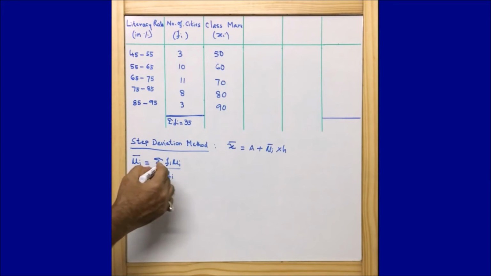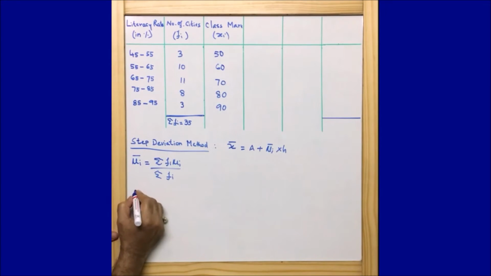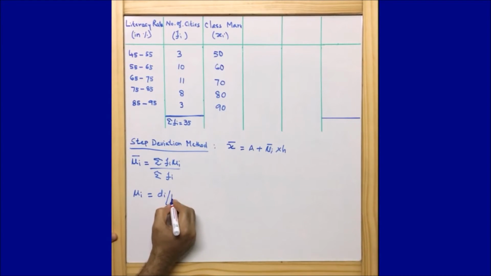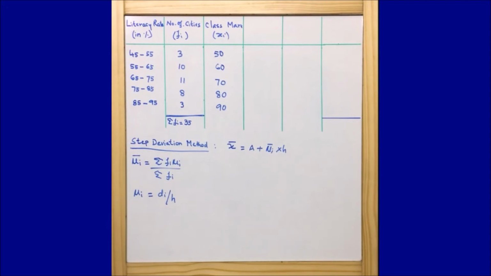Now how do we find ui? ui is nothing but di, that is the deviation, upon h. h is nothing but the class height or the class interval. So these are the things that we are going to find out.